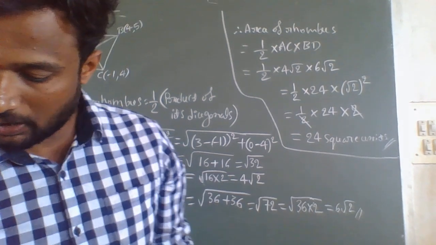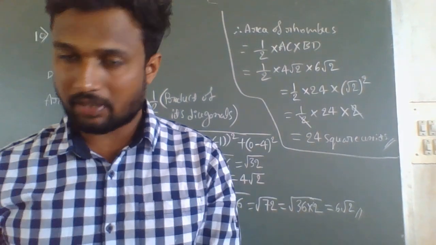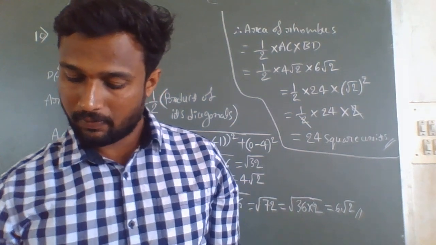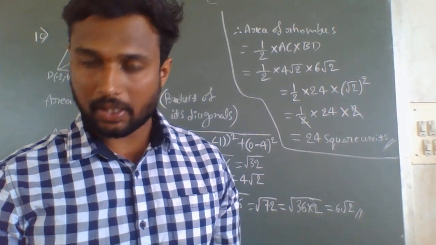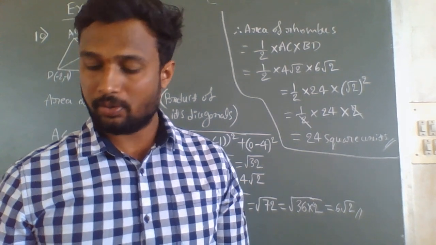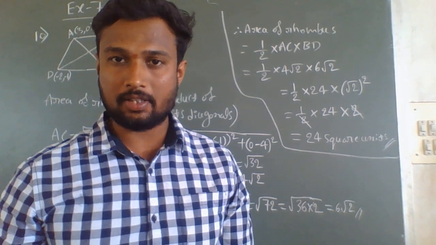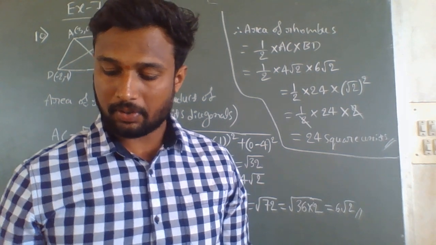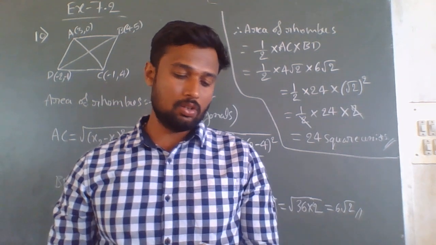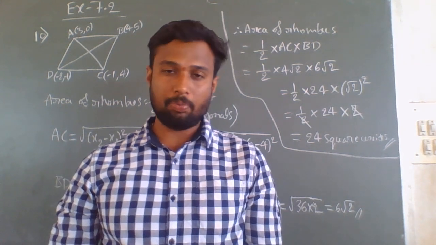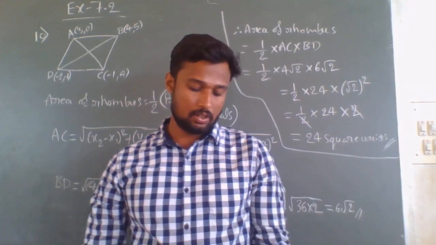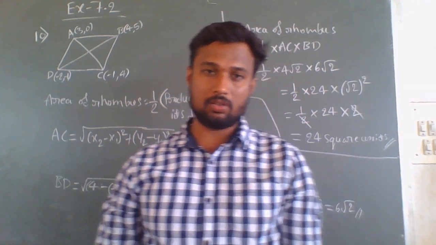So with this we have completed exercise 7.2. After this we have area of a triangle, but this concept is not there in your syllabus. As you know, 30% of the syllabus is reduced, so area of a triangle is not there, and based on this, exercise 7.3 is also not there.